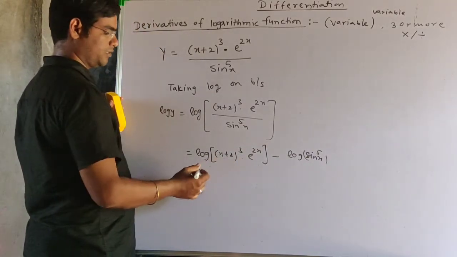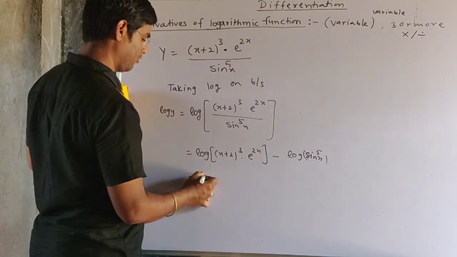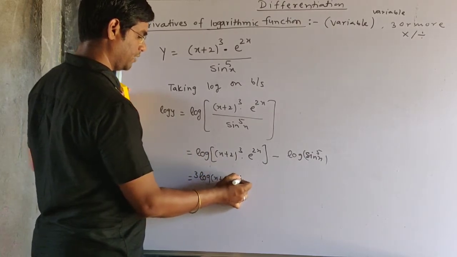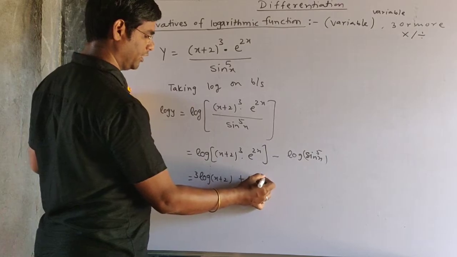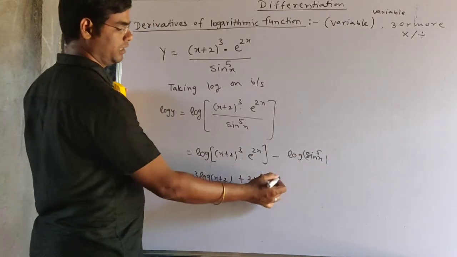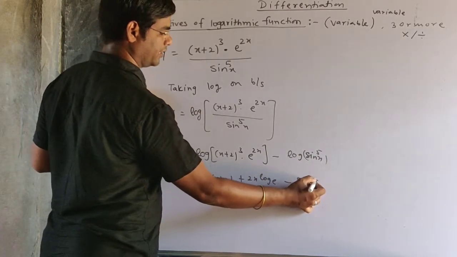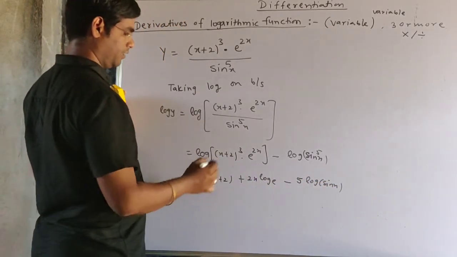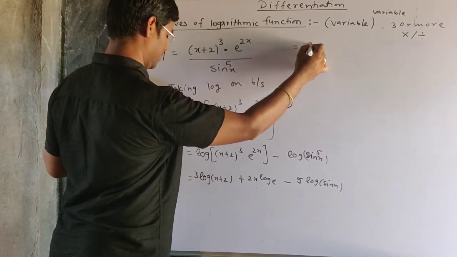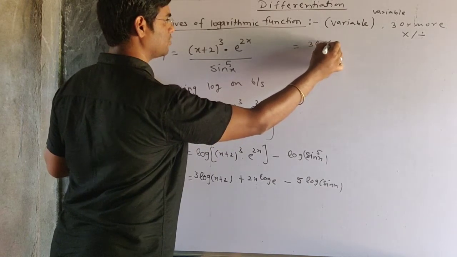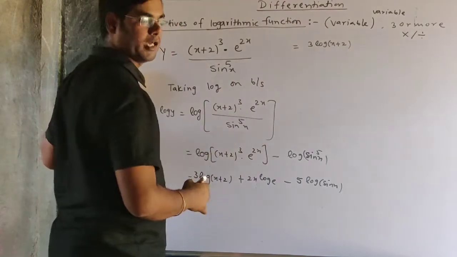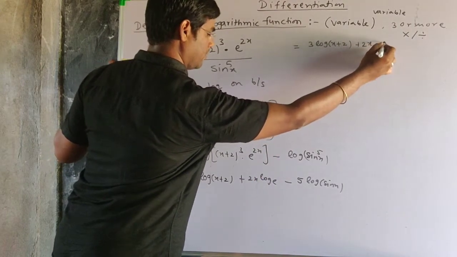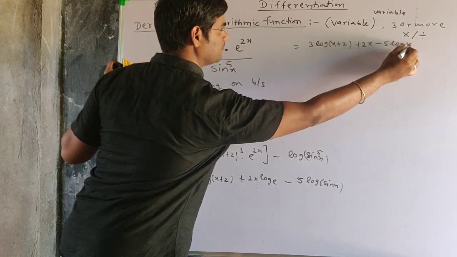Now here we have a multiplication sign, so apply the product law of logarithm. So it is 3 log x plus 2, plus 2x log e, minus 5 log sin x. Now the value of log e is 1. So this is 3 into log x plus 2, minus, log e is 1, so this is 2x, minus 5 log sin x.